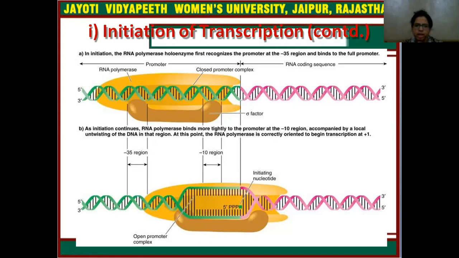At this point, RNA polymerase is correctly oriented to begin transcription at the plus 1 point, which is the start point. So that's how RNA polymerase starts the initiation process of transcription.